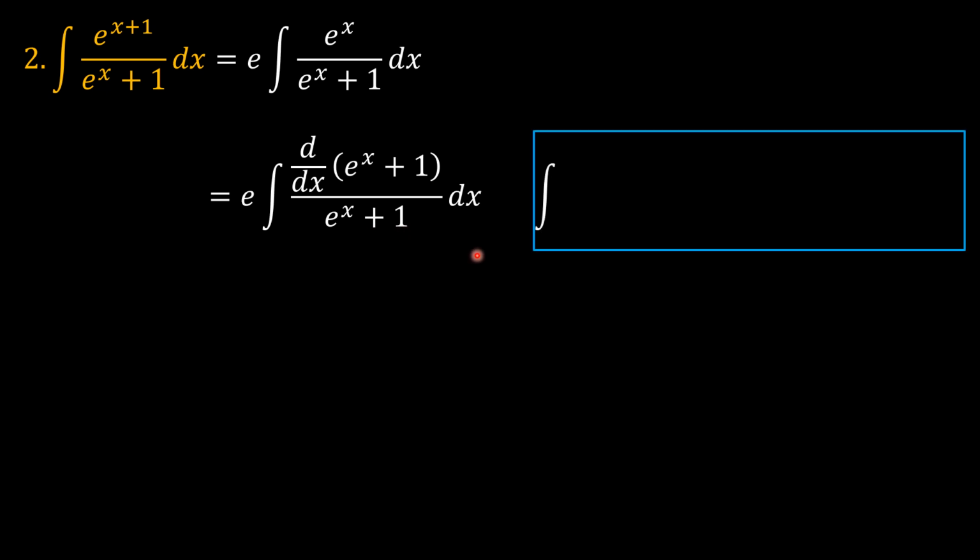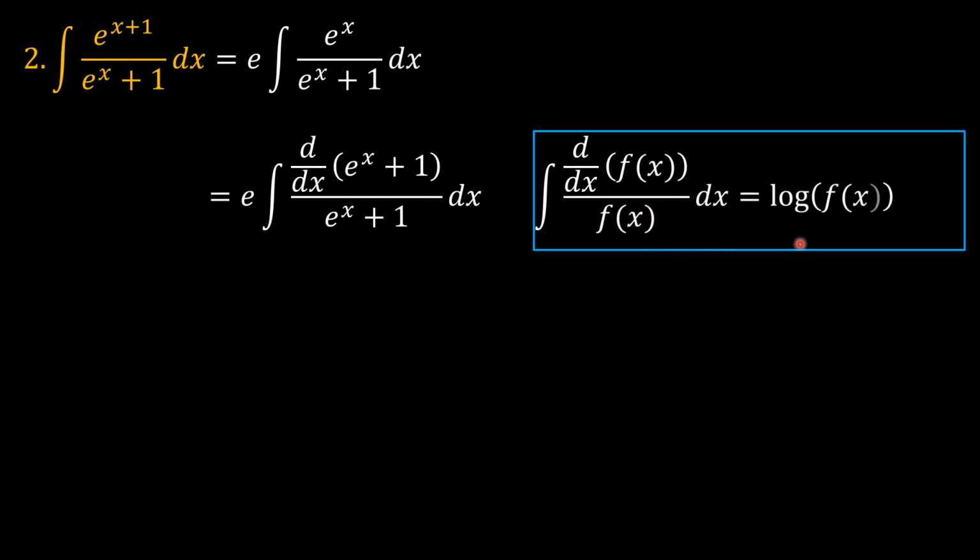And knowing that if you have an integral of a function whose numerator is the derivative of the denominator, then that integral is the natural logarithm of the function in the denominator plus the integration constant. So here the function in the denominator is e to the power x plus 1, so our answer is e times the natural logarithm of e to the power x plus 1 plus the integration constant.